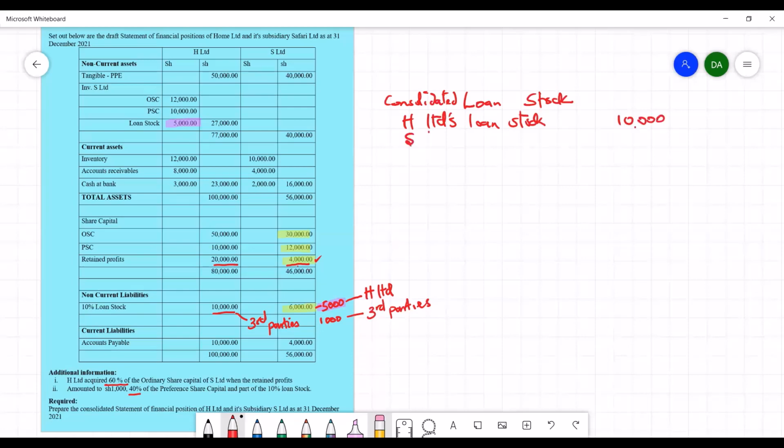Then S Limited's loan stock, but we only take the one to third parties in S Limited. So we take only 1,000. So the total loan stock is going to be equal to 10,000 plus 1,000, and that is equal to 11,000. That is the loan that this company owes to third parties. 11,000.